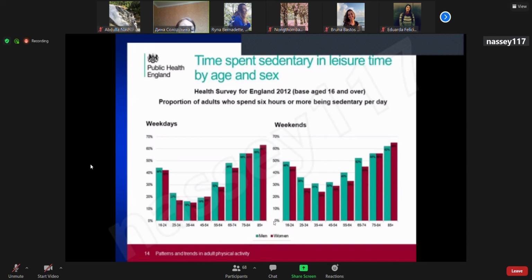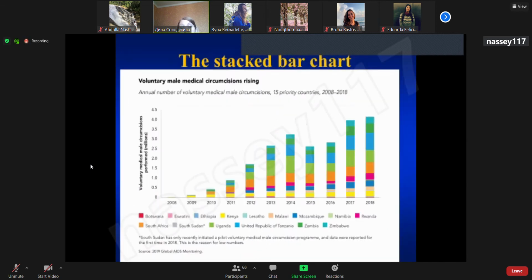Though the most active people are actually the middle age group, from age 25 to, let's say, 54. The stacked bar chart is used when we have a lot of specific parameters within one bar. For example, voluntary male medical circumcisions.